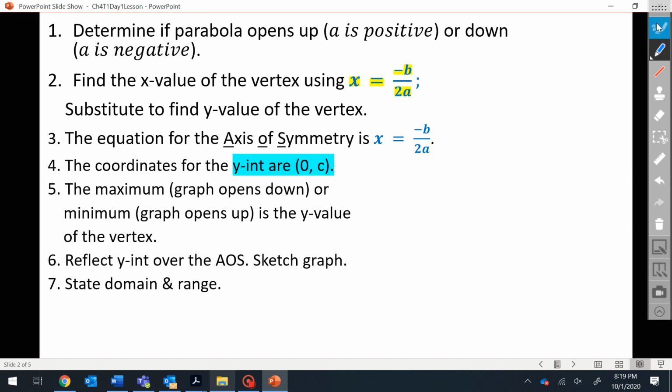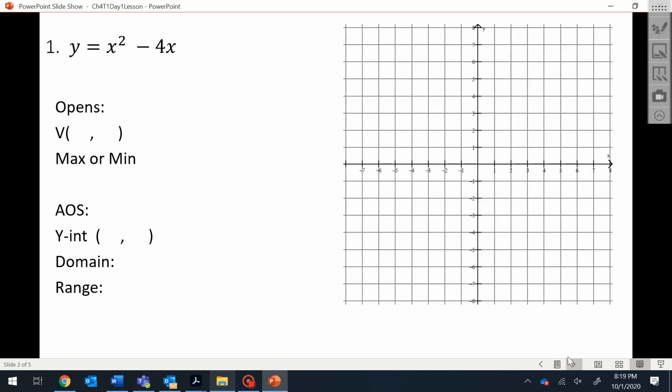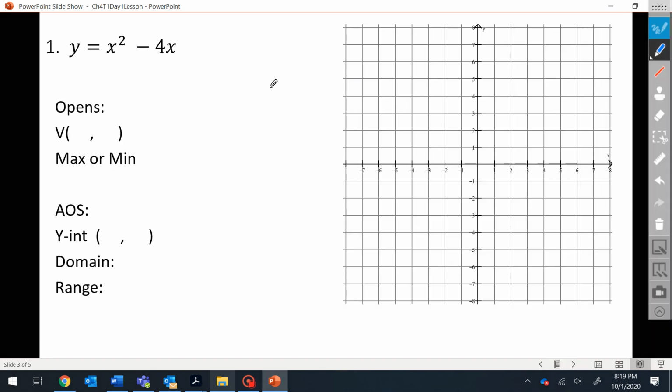So let's see what this looks like in practice. If y is equal to x squared minus 4x plus 0, because there's nothing over here, we first identify our a, our b, and our c.